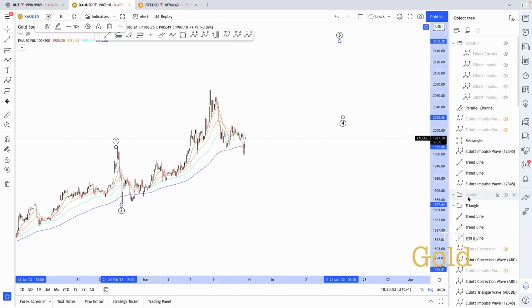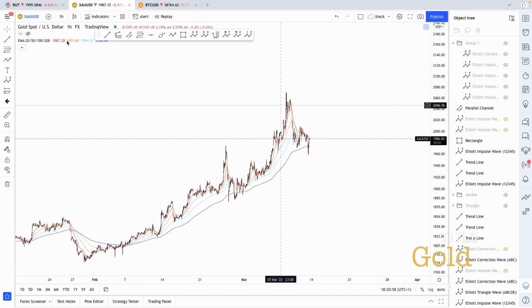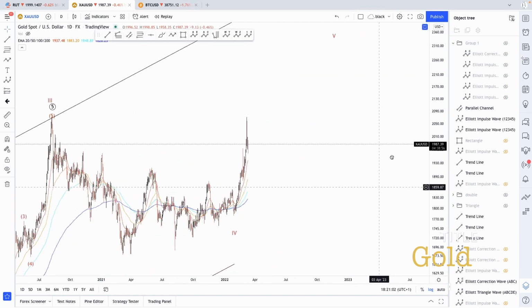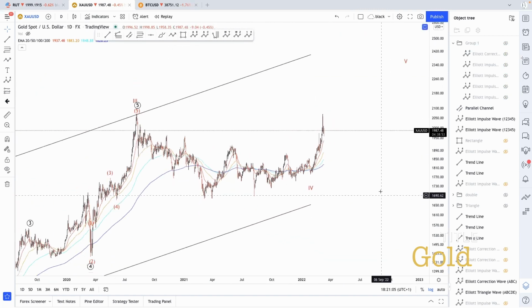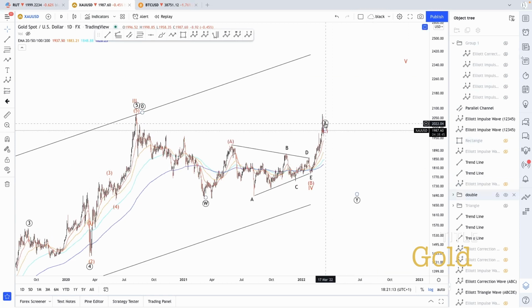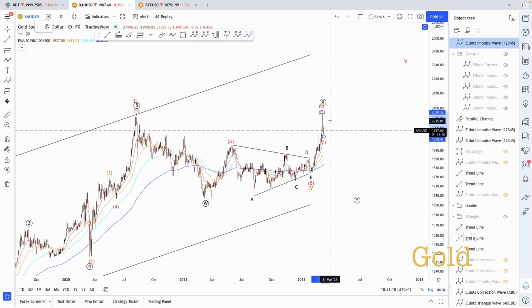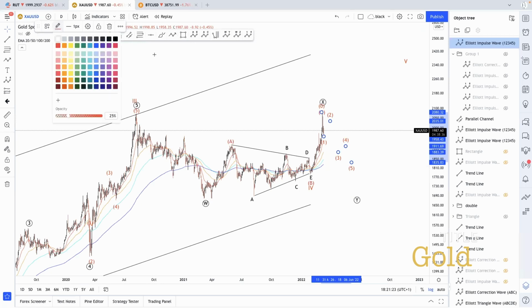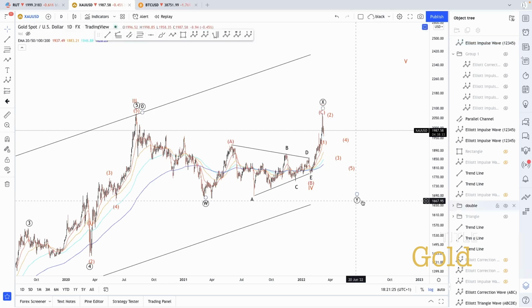Okay, so that would mean, let me take you to the daily. That would mean this one. And we just made wave 1 to the downside, 2, and then we're just slowly but steadily going to continue lower and most likely break this low.